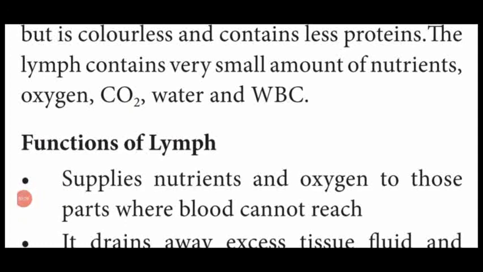Dear students, it looks like blood, but it is colorless. When compared to blood plasma, it contains less protein, a very small amount of nutrients, oxygen, carbon dioxide, water, and WBC is also present in the lymph system.